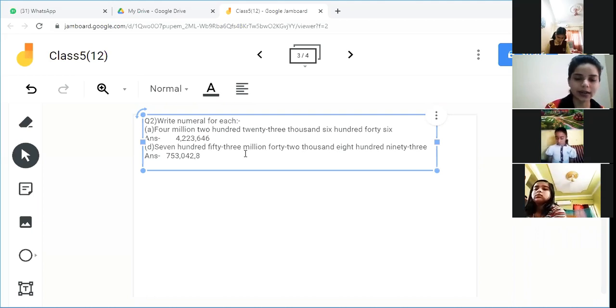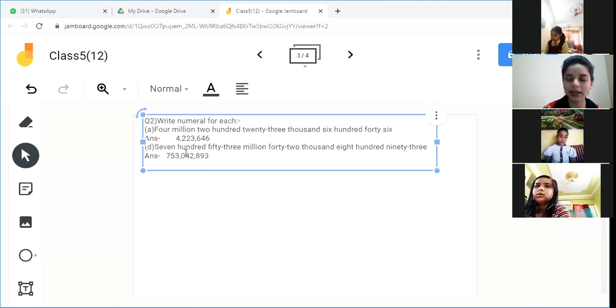Now 893. So 893 you can put. So in this way you can write. Now you can also cross check it. Unit, tens, 100, thousand, 10,000, 100,000, million, 10 million, 100 million. It is given 700 million, children, 753 million.